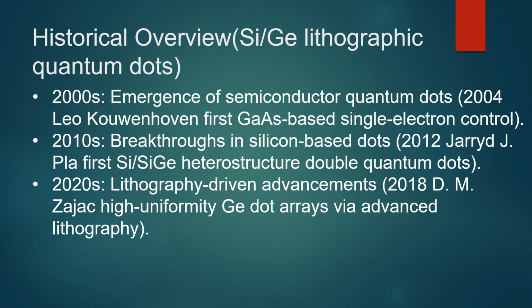And in 2018, because of the advancement in lithography, DM Xerox showed a high uniformity germanium dot array via advanced lithography.